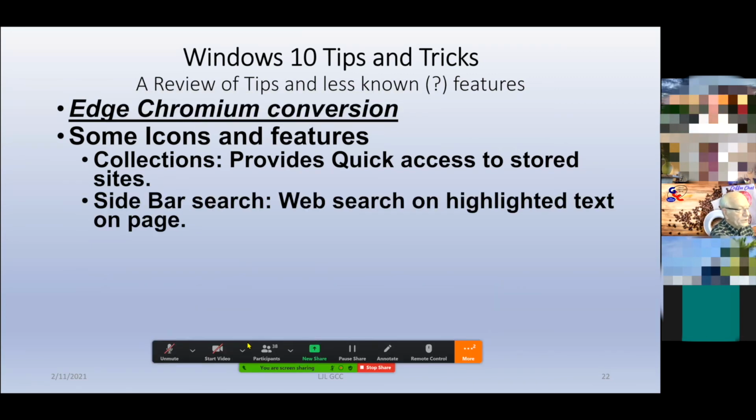Sidebar Search is another function in there. It also has collections, which I'll show you in a minute. What Sidebar Search does is, if you highlight a word or words in the middle of a document on the web page and you right click, it will search on those terms in the sidebar.